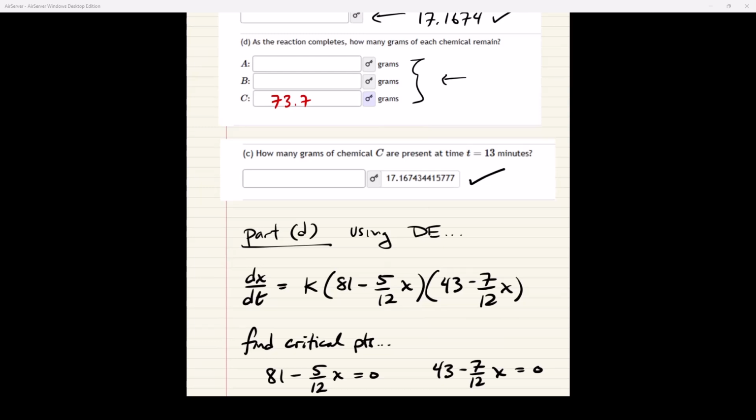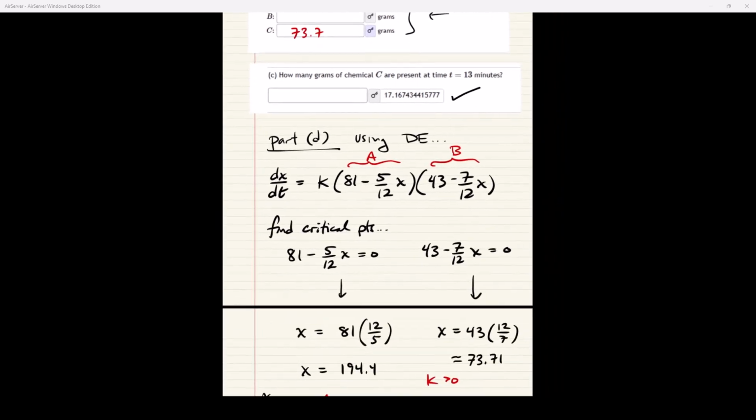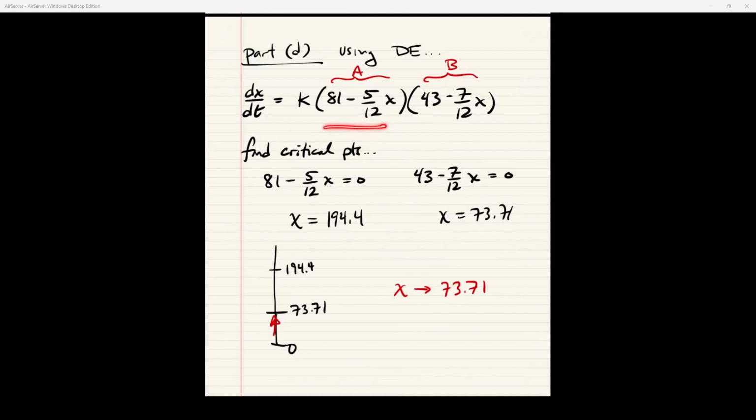Because I know that this was my chemical A, the amount of chemical A, and this is the amount of chemical B. And I know that x is approaching that lowest critical point, which is going to be the amount of chemical C that we approach as time continues.